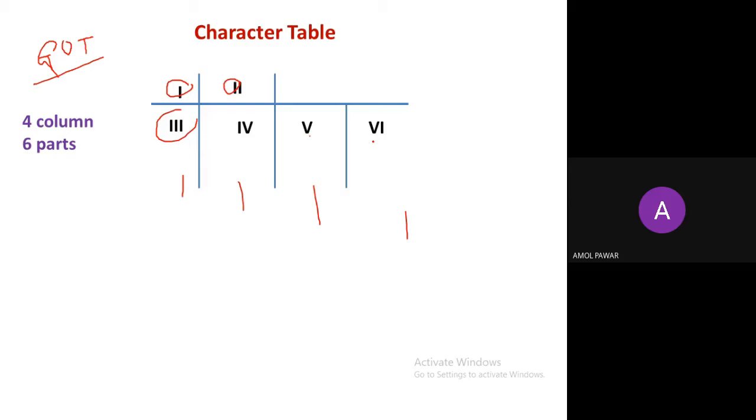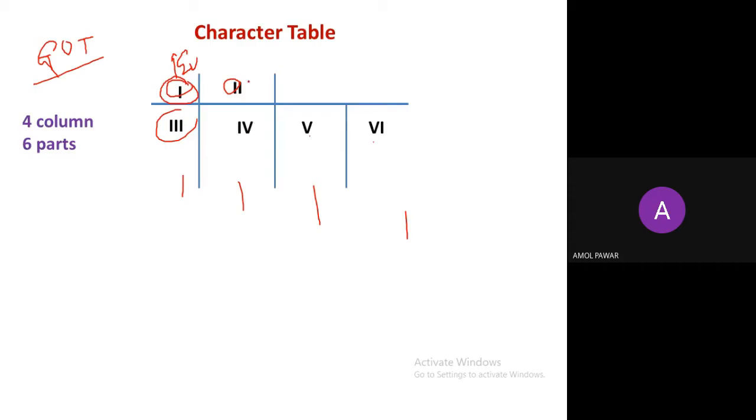Now the question is, what are parts 1 to 6, and what do we have to write in each? Part 1 is the point group. Listen carefully, this is a very important part of group theory, the construction of the character table. For the water molecule, we can write C2V.